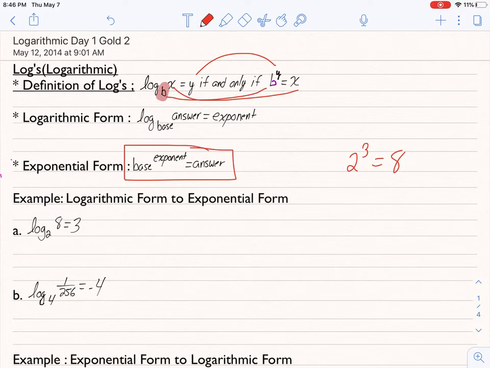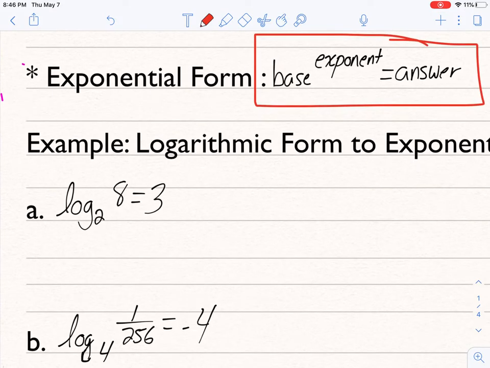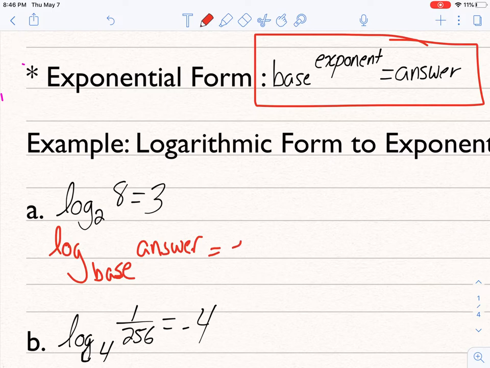Now we're seeing it the other way, where we have log base of answer equals exponent. So we're going to write an equation that's in log form in exponential form. I've got log base 2 of 8 equals 3. Again, base, answer, exponent.